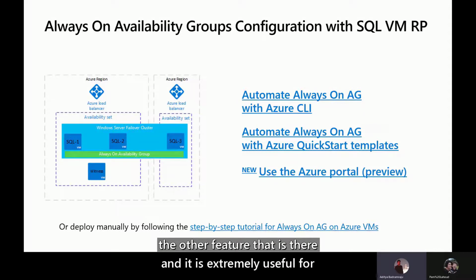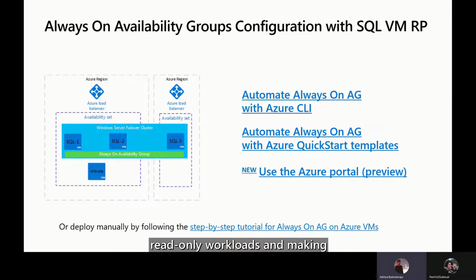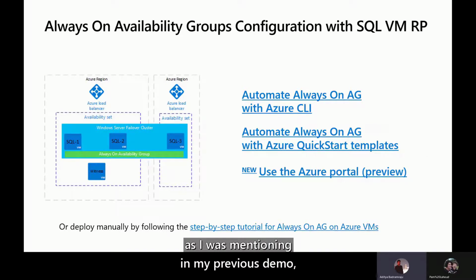The other feature that is extremely useful for read-only workloads and for making your scale-out workload in SQL Server is Always On availability groups. And you can configure Always On availability groups. As I was mentioning in my previous demo, we are building a high availability experience, and right now it's in preview mode.